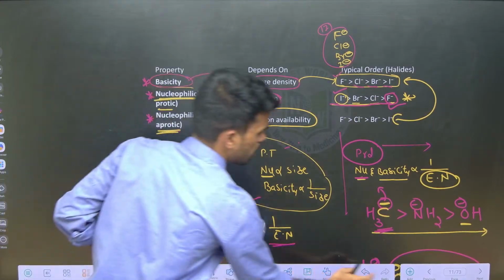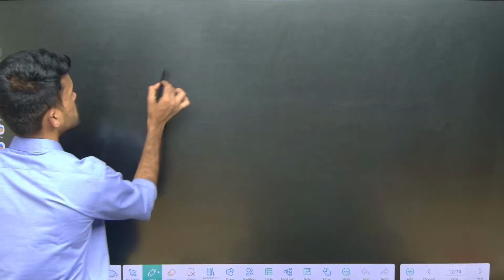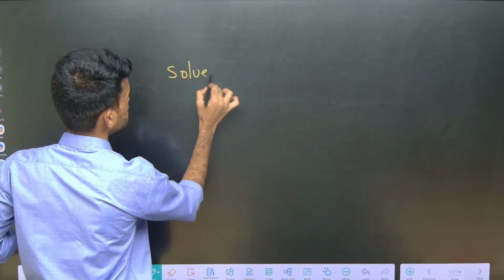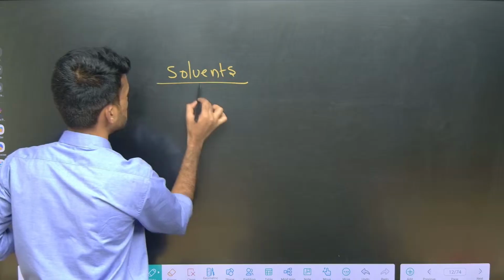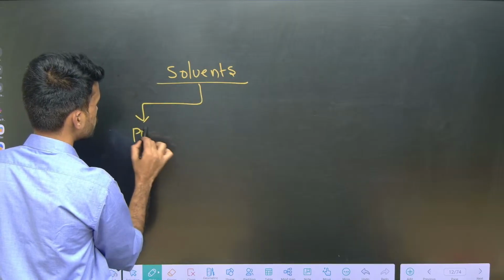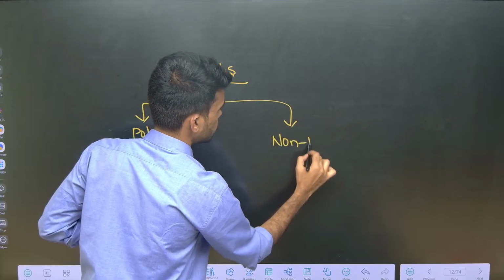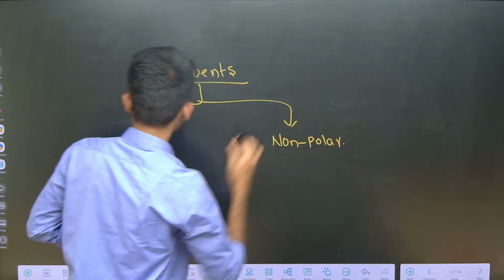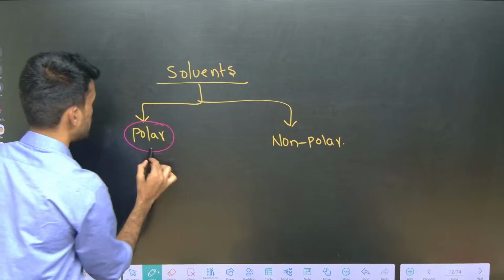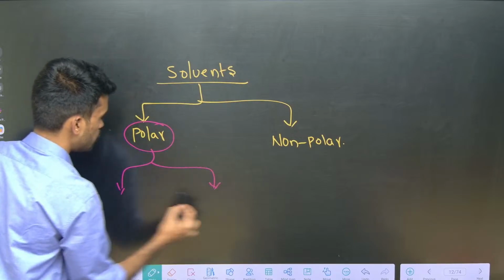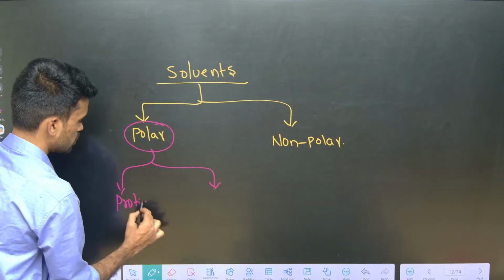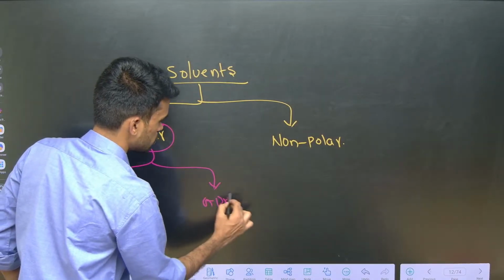Okay, so now what are the different solvents we have? Solvents can be classified as polar and non-polar. Polar solvents are again classified into two types: protic solvents and aprotic solvents.